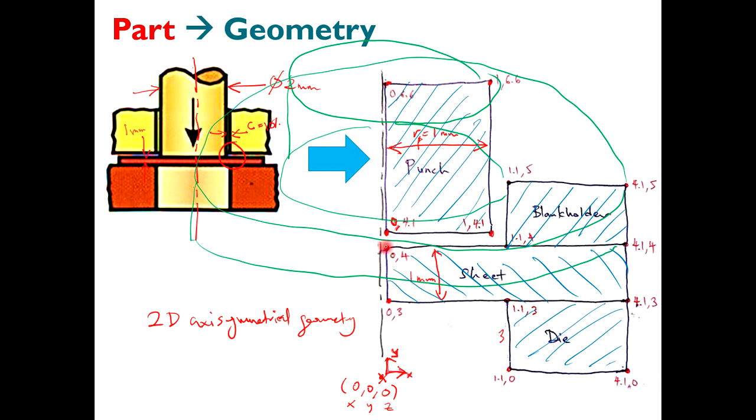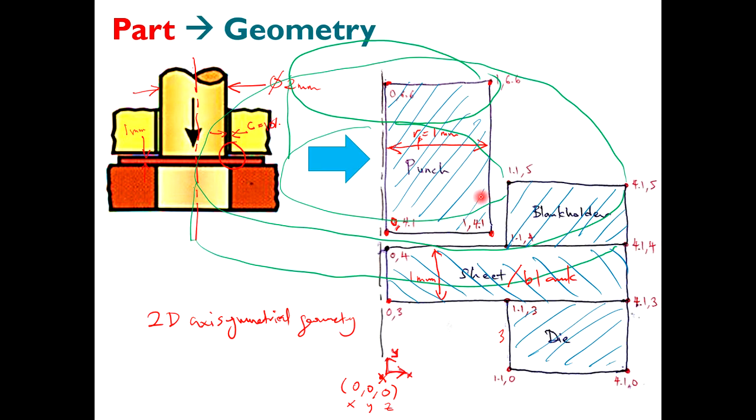Then we go all the way to the right. Towards the end, we decide the radius of the sheet, or the blank, or workpiece, to be 4 mm.